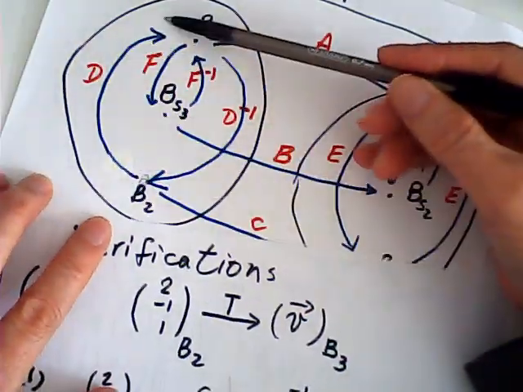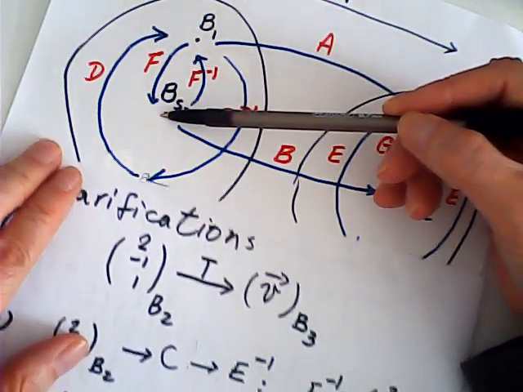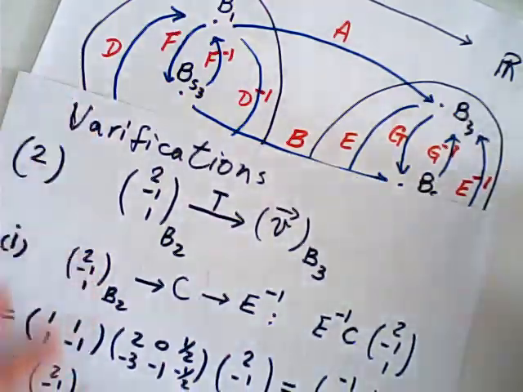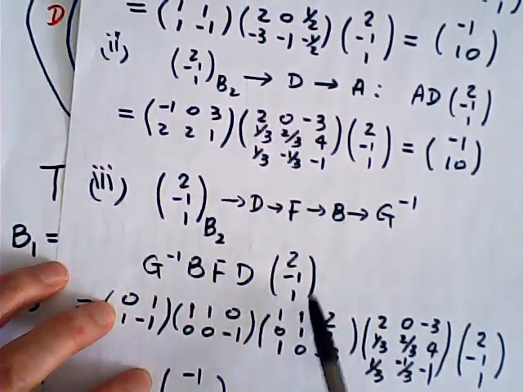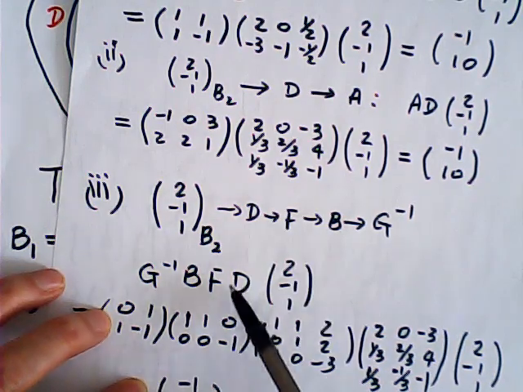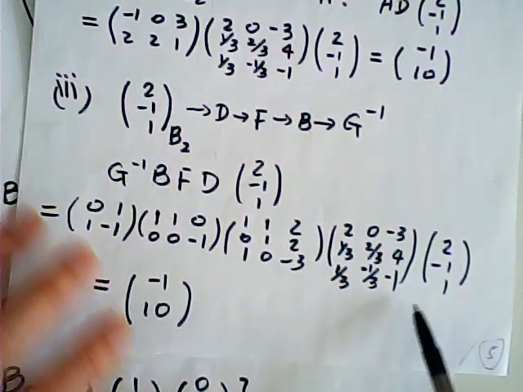You can go D first, then F, then B, then G inverse. Okay, D, F, B, G inverse. So you use this vector multiplied by D first, then times F, times B, times G inverse.